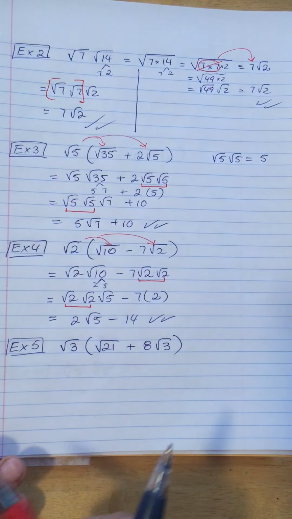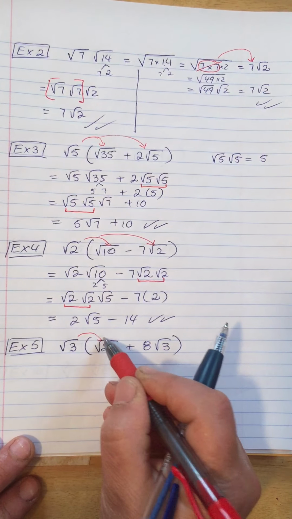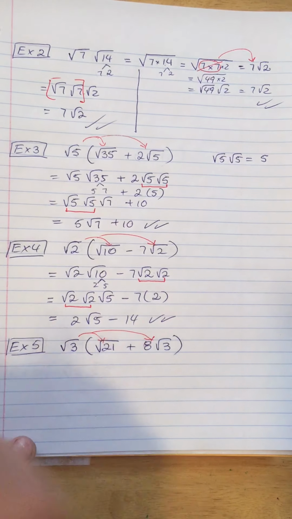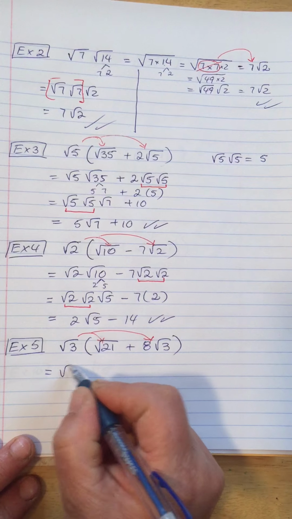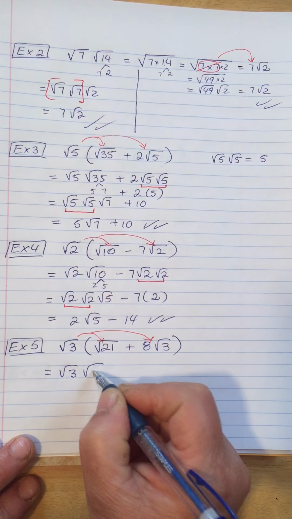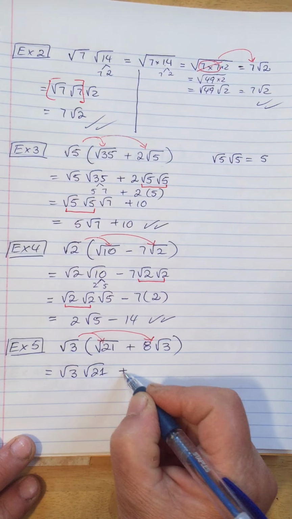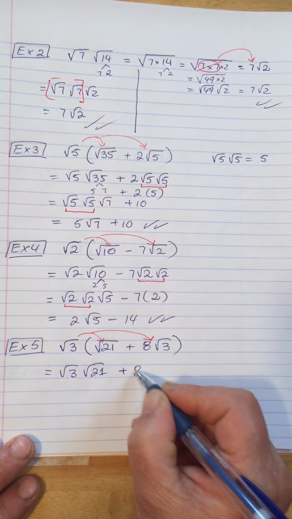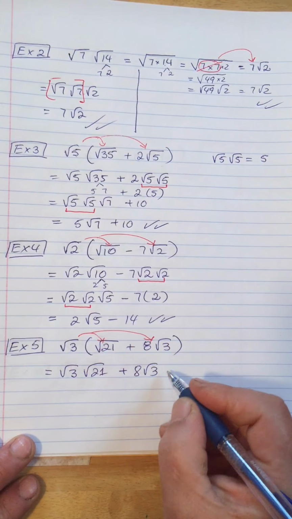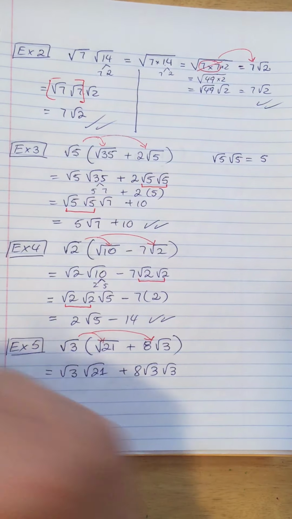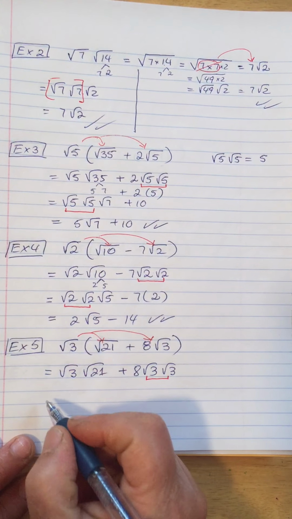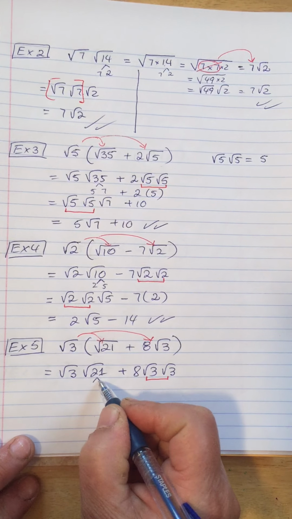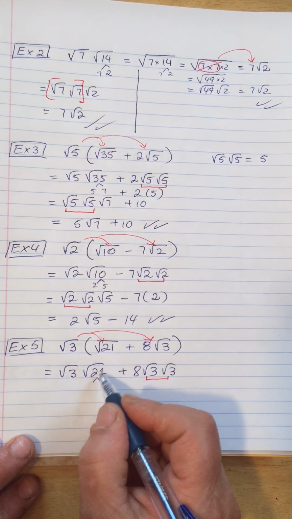Again, example 5. I have to distribute. Let me go. The square root of 3 times the square root of 21 plus 8 the square root of 3 times the square root of 3. Happy to see this because this is 3. And now I'm happy to see 21 because 21 is 3 times 7.